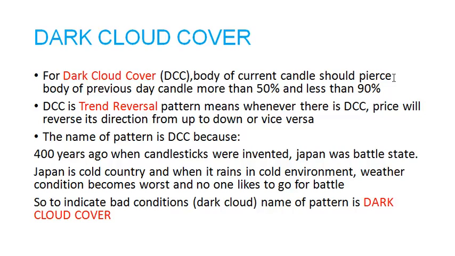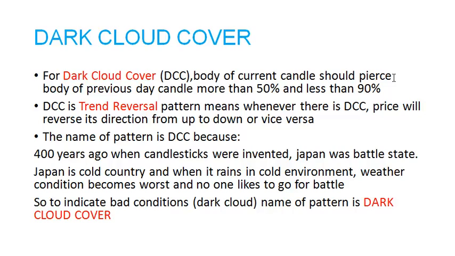The name of the pattern is called dark cloud cover because 400 years ago, when candlesticks were invented, Japan was a battle state. Japan is a cold country, and when it rains in the cold environment, weather conditions become worse and nobody really likes to go out for a battle. So nobody is going to go outside and get into a battle formation. They would probably fight another day, right?